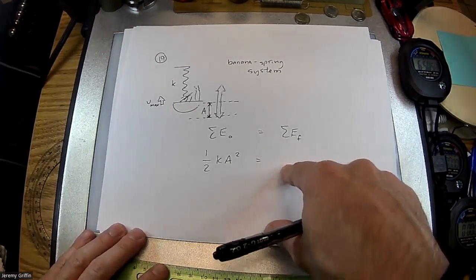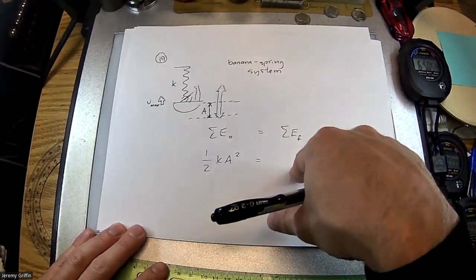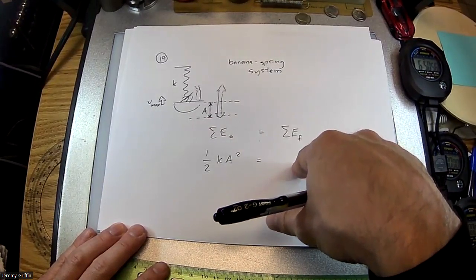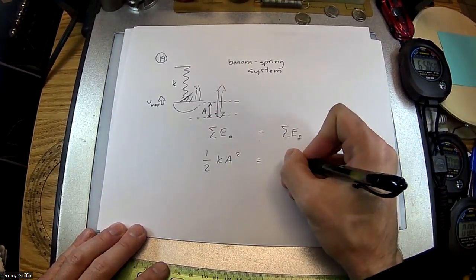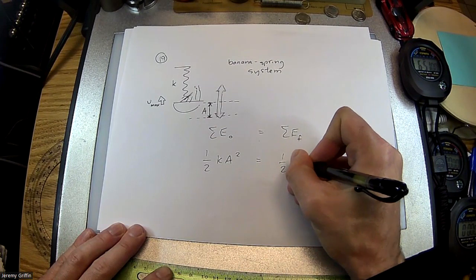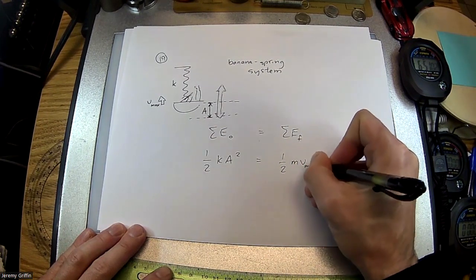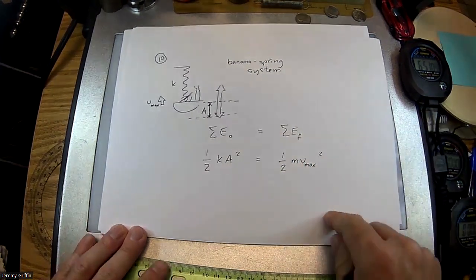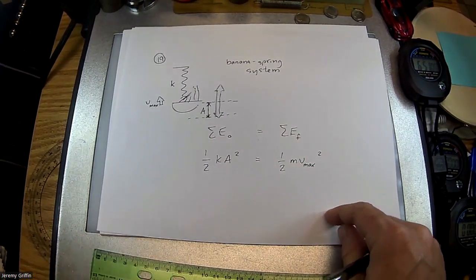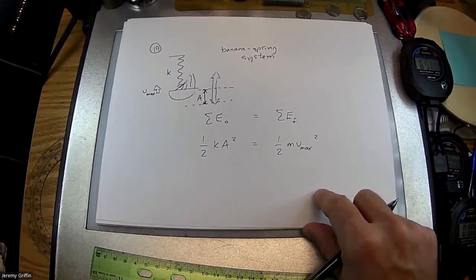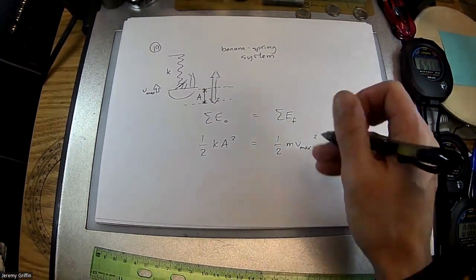It's kind of weird. Anyway, going through the equilibrium point, we're going to consider all the energy to be kinetic. So you got 1/2 m v max squared. And what do they want us to solve for? They gave us: what is the weight of the bananas in newtons? So okay.